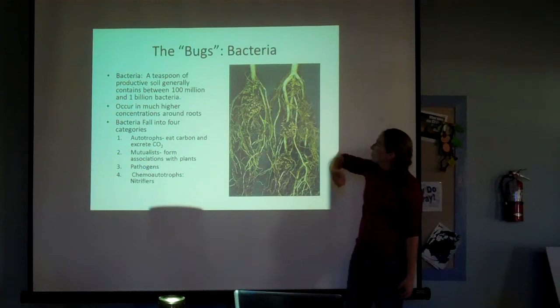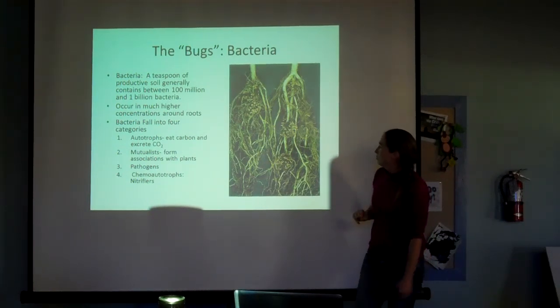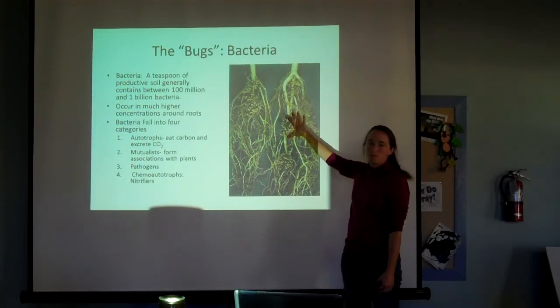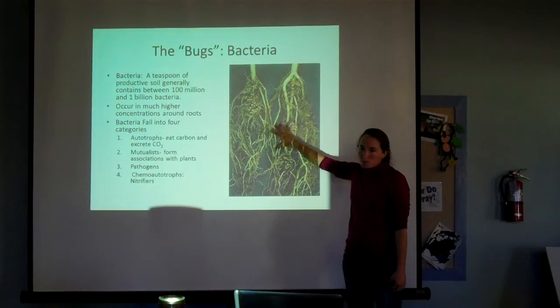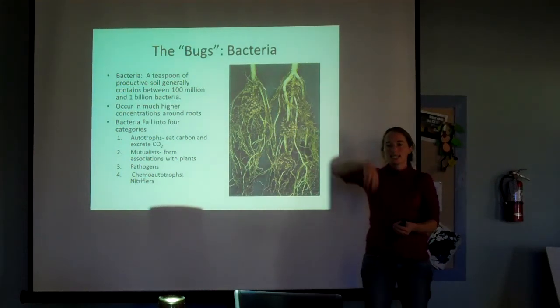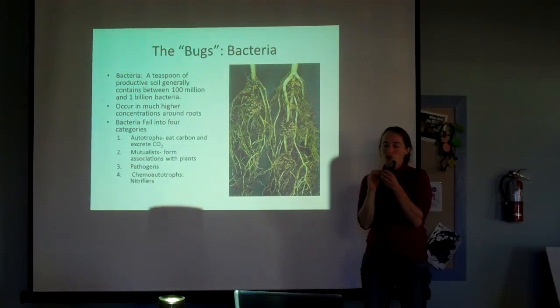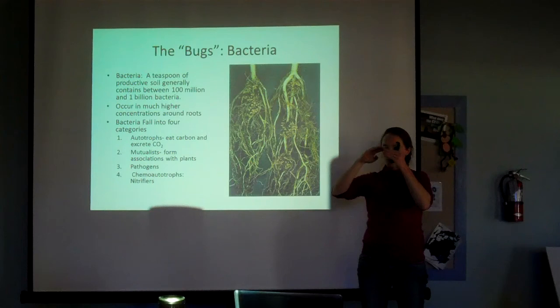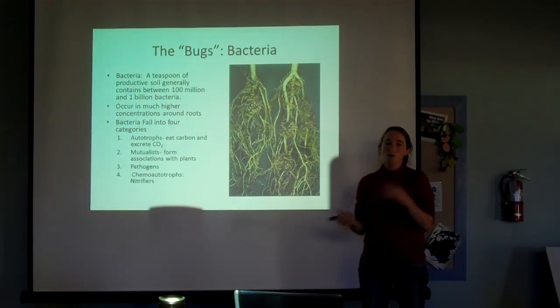This is a picture of root nodules on a legume. These are a little house that this clover plant has made for rhizobium, which is a bacteria that takes nitrogen out of the atmosphere, turns it from N2 gas, and reduces it to ammonia.